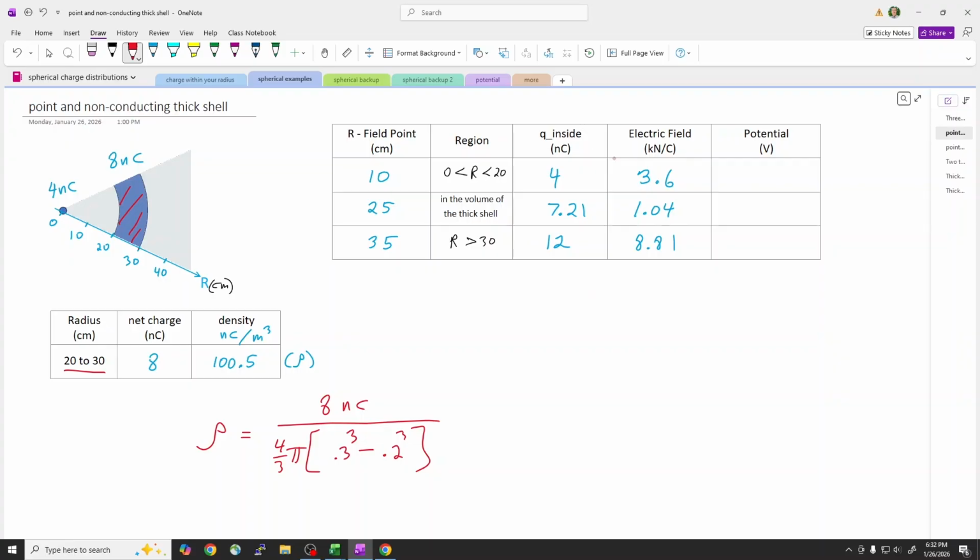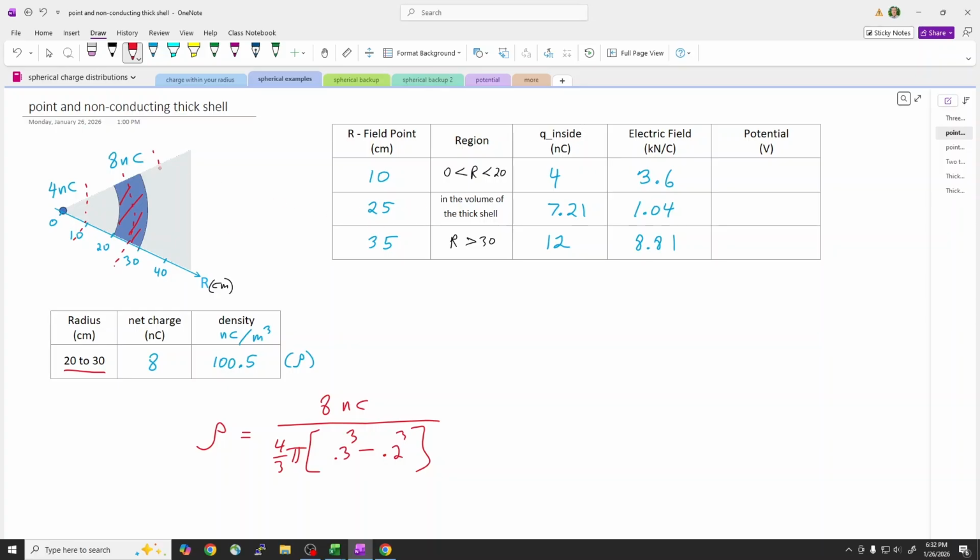Up to this table here, where we're calculating electric field at different field points, I did the region at 10 centimeters. That's the region between 0 and 20, the air between 0 and 20. Then we did 25, that puts us halfway in the volume of the thick shell.